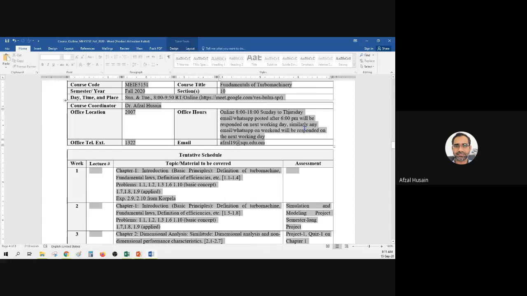Okay. So, I have already sent you the WhatsApp group link, so that we can use it for instant messages. But remember, don't expect me to respond to your message after 6 p.m. If you send the message after 6 p.m., it just depends on whether I'm free from my family and pick up the mobile, I may respond.